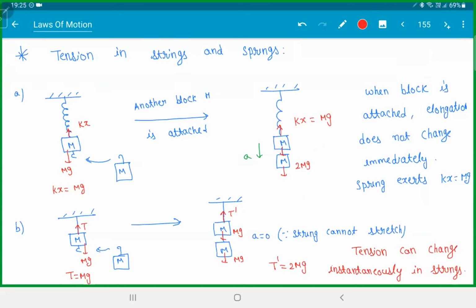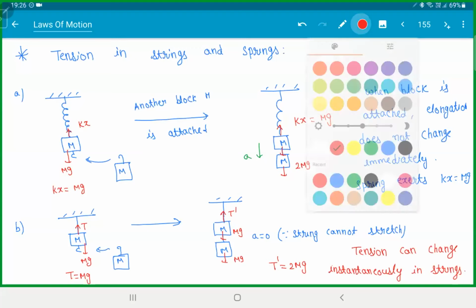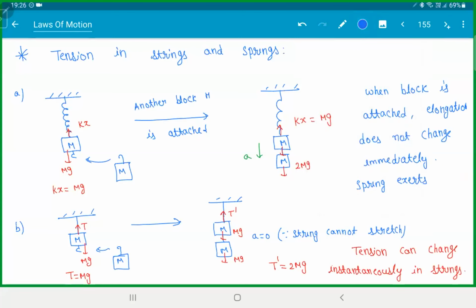The spring force will remain as it is initially. When you give it some time it will stretch, but at that moment it will remain the same. This is a major difference. In strings the tension can change suddenly, whereas in springs it will take time. This idea is quite important.